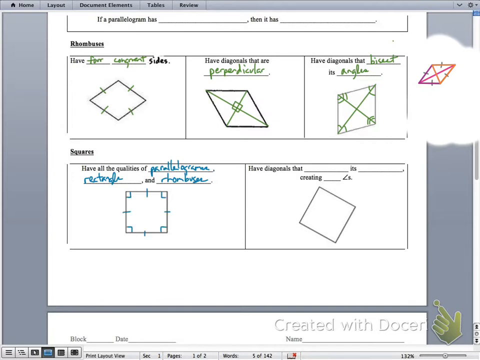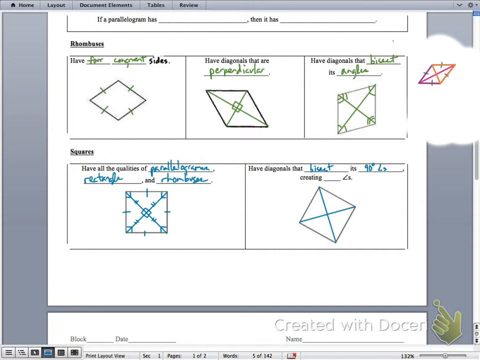So squares have congruent sides, angles that are congruent, angles that are all 90 degrees, diagonals that bisect each other, diagonals that are congruent, diagonals that form 90-degree angles, diagonals that bisect the angles. All of the qualities of parallelograms, rectangles, and rhombuses a square has. And you thought squares were simple creatures.